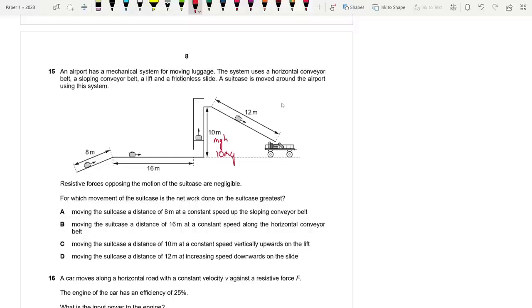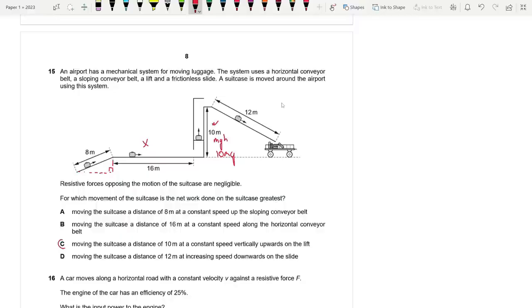For which movement of the suitcase is the net work done on the suitcase greatest? When it's moving 16 meters at constant speed, it has no net work done, no Ke increase, no Gp increase. And for this one, it only has a small height, clearly less than 10. So it's probably the 10-meter one, okay?